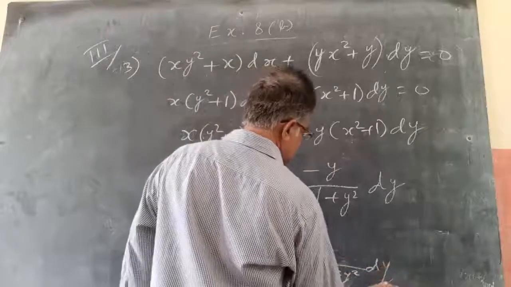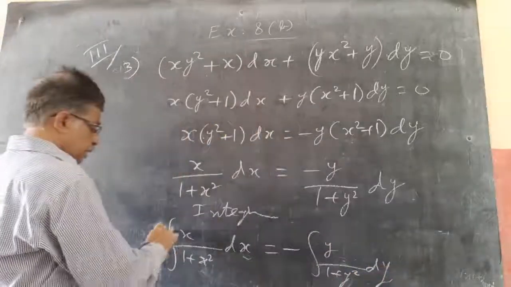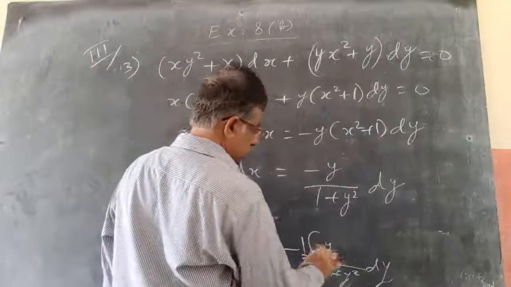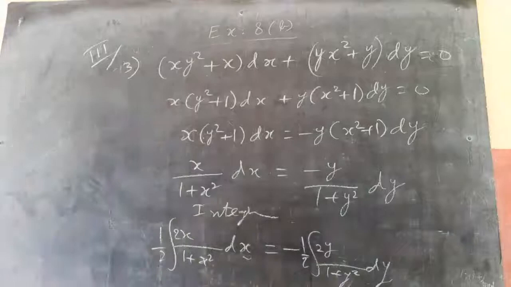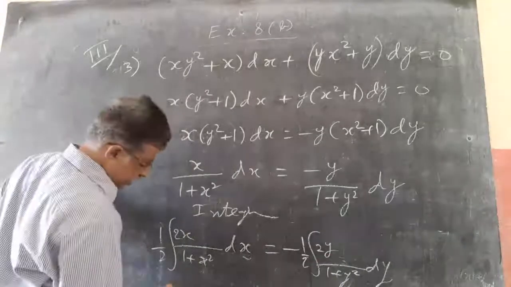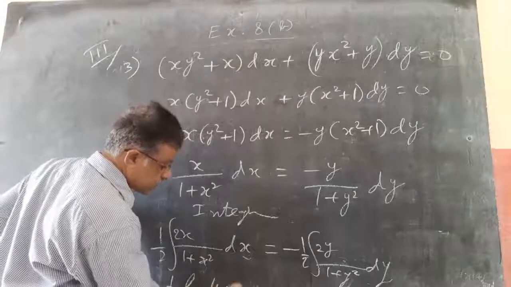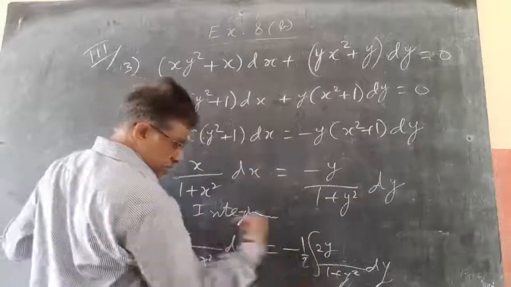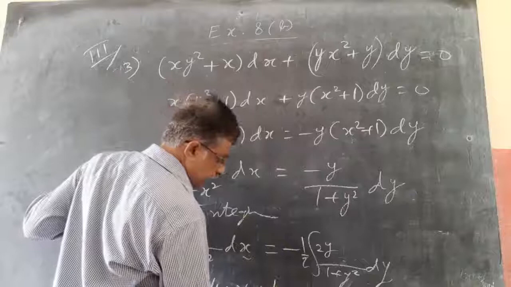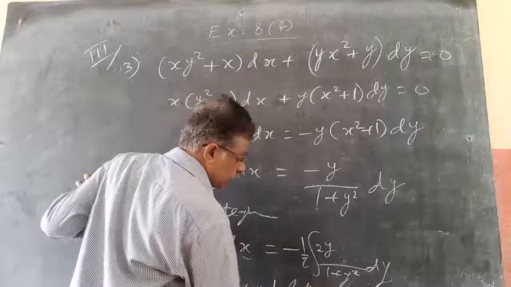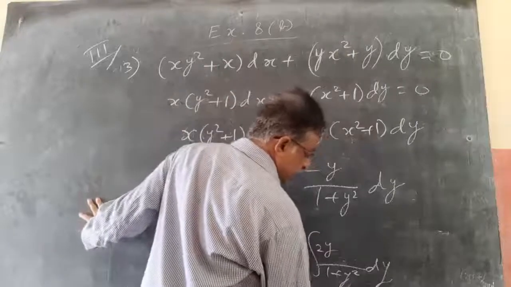Multiplying by 2 by 2, this is f dash x by f x, whose integral is log mod f x. So half into log mod of 1 plus x square, and bringing the y term to this side, plus half into log mod of 1 plus y square is equal to c.